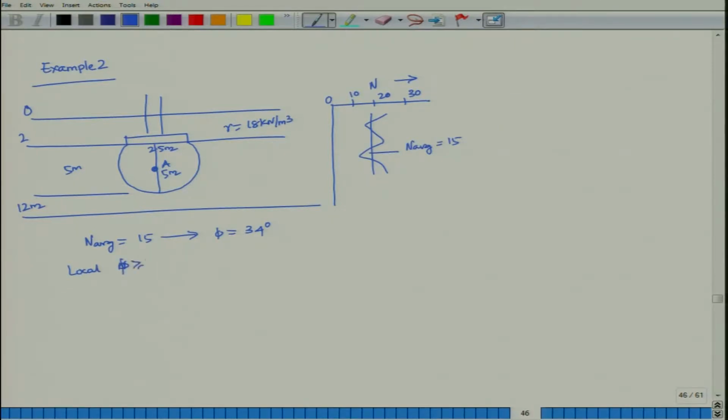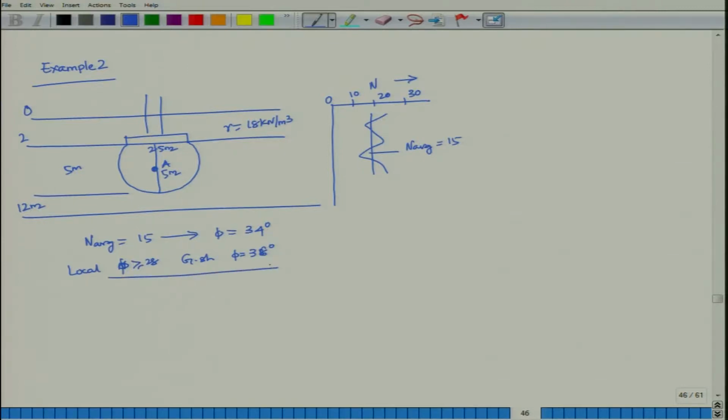Local shear failure is phi less than or equal to 28 degree, general shear failure is phi equal to 36 degree. So, you have to do the interpolations. I have explained these interpolations earlier.